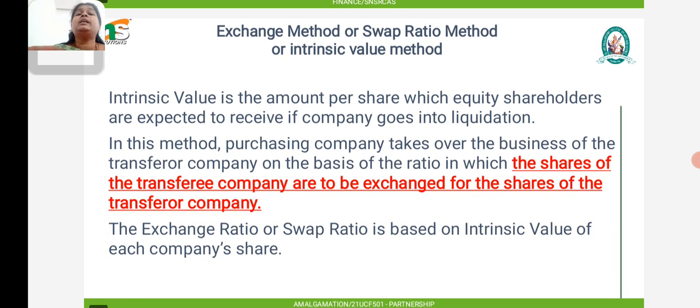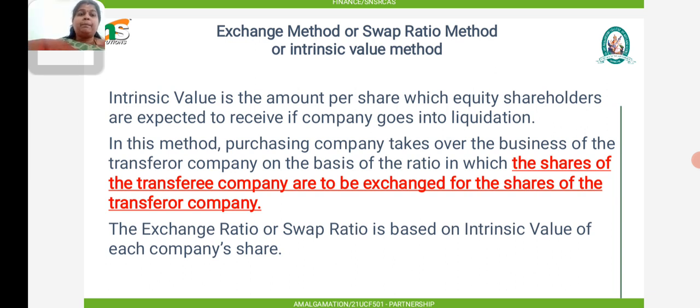The last method is the exchange method, swap ratio method or intrinsic value method. The intrinsic value is the amount per share which equity shareholders are expected to receive if the company goes into liquidation. So the company is now going to get dissolved. At that time, the amount paid to the equity shareholders for one share, that is per share, is said to be the intrinsic value.